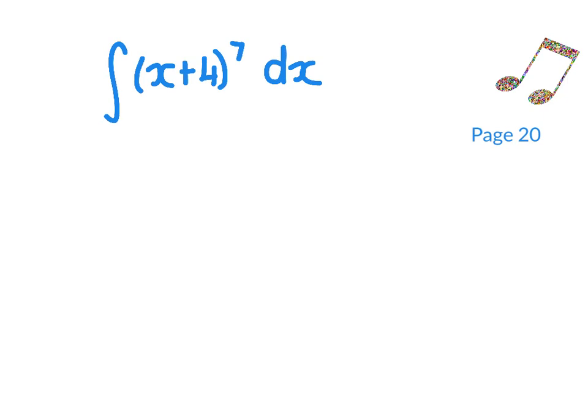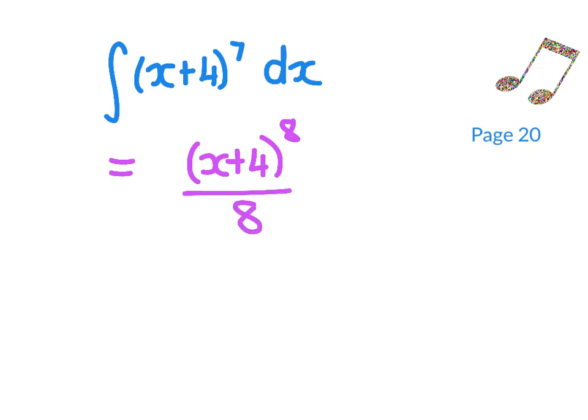First example, we're integrating x plus 4 to the power of 7. So we're going to leave the bracket as it is. We're going to increase the power by 1, divide by the new power, and then we're going to check for the derivative of what's inside the bracket. I've got x plus 4. If I differentiate x, I get 1.